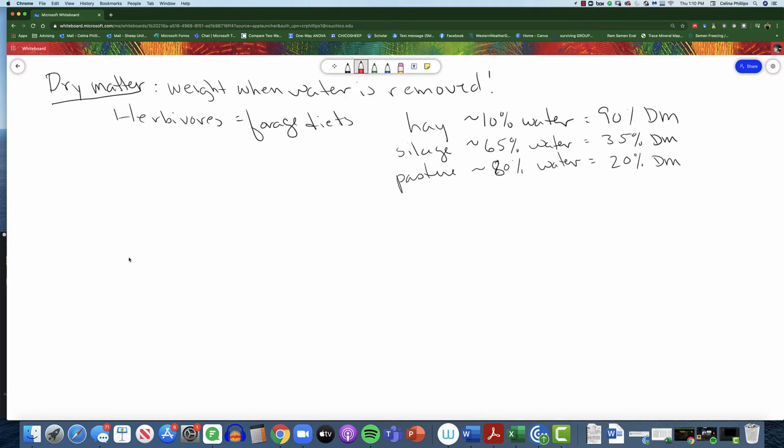In contrast to dry matter, we have the term as fed, or the as-fed basis. As fed is referring to how that feed is presented to the animal.